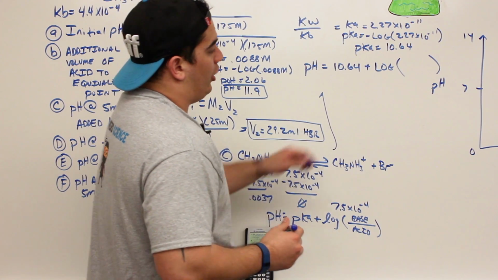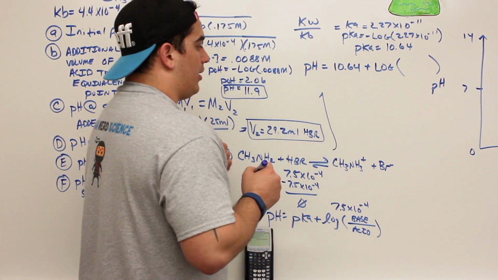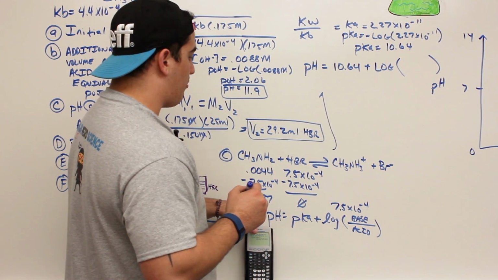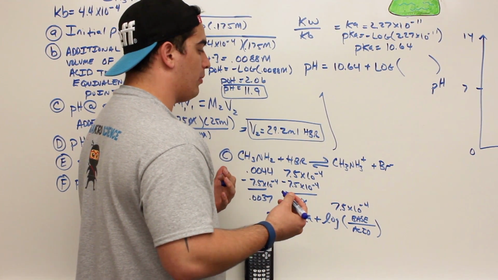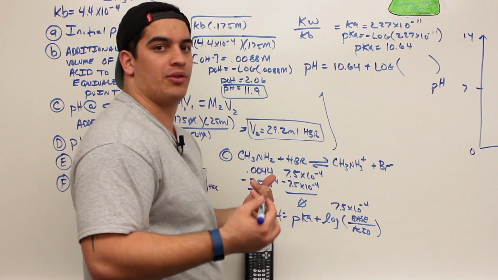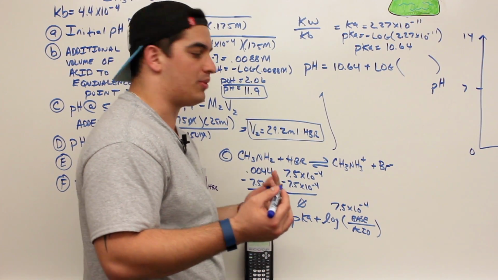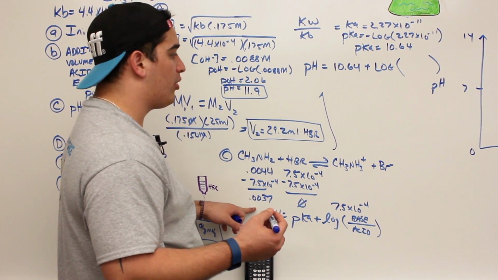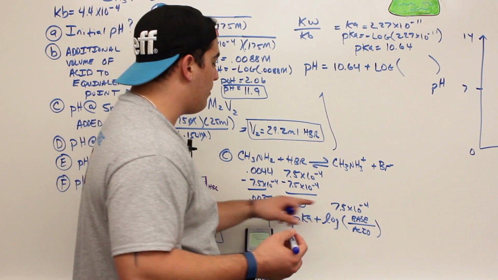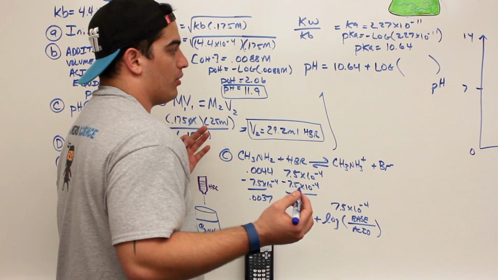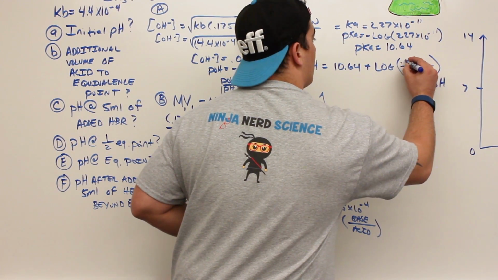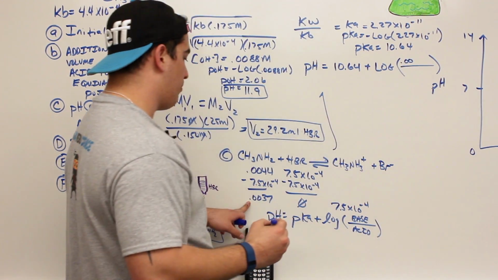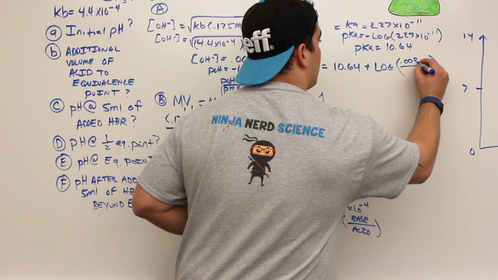Remember, you can have it in molarity, but because I'm going to take the moles of my methylamine and its conjugate acid and divide them by the same volume, it's going to be the same ratio. So there's no need to put them into molarity, because I'm going to have the same molar ratio if I just keep it in moles. So I'm just going to keep it in moles. 0.0037 is the moles, right? Because that's my base.